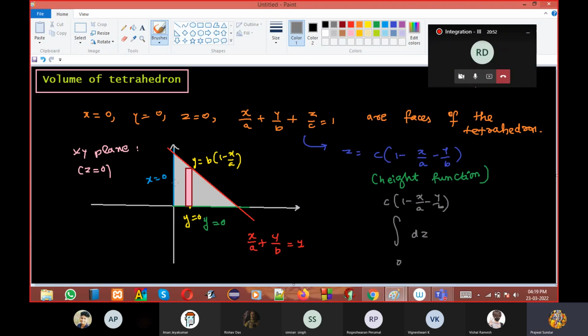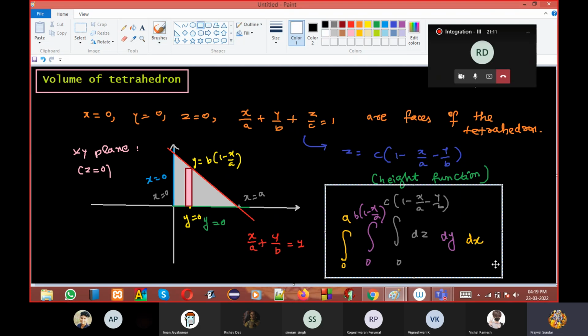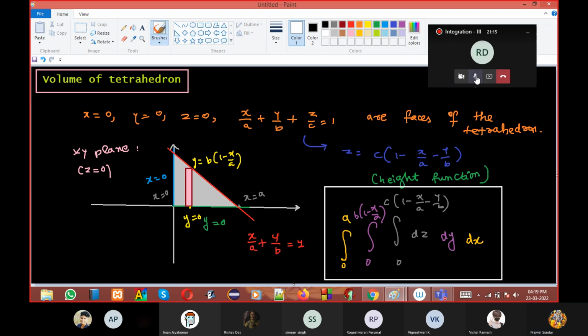And then x is varying from 0 to x equal to a. So I'm taking the strip y equal to 0 to y equal to b into 1 minus x by a, dy. Then I'm writing 0 to a dx. This is the final integral. It's simple. Any visualization problem on this? Clear?